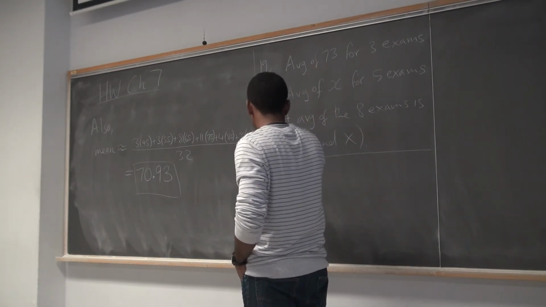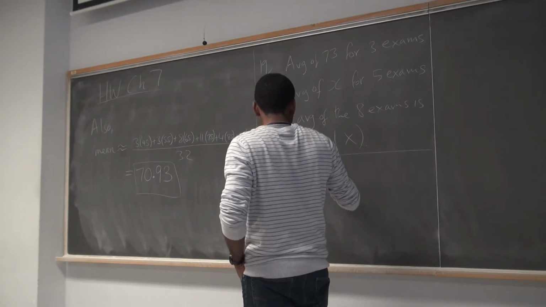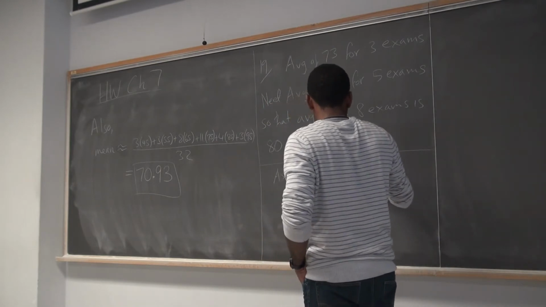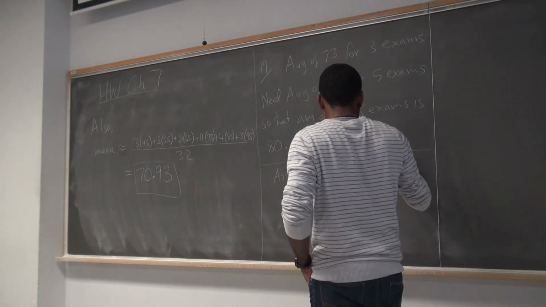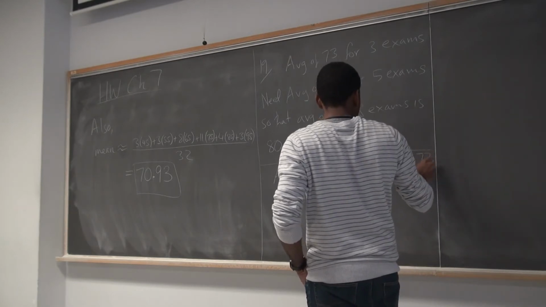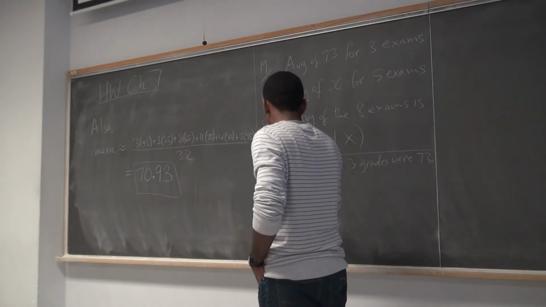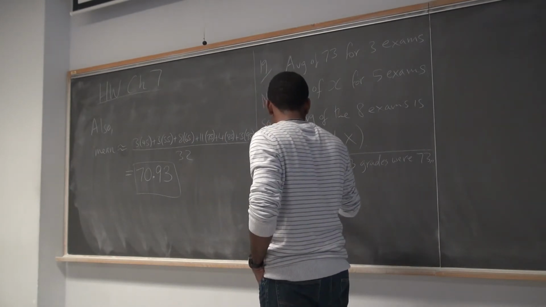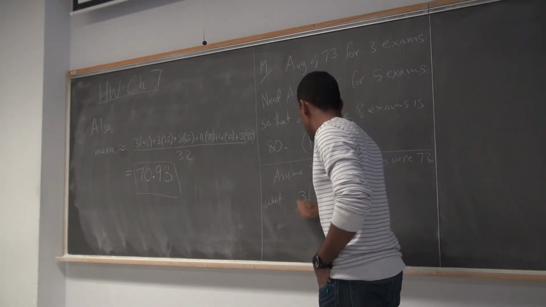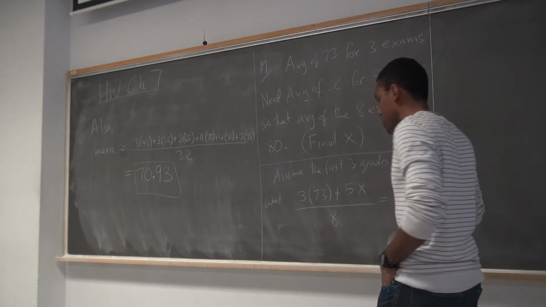So assume the first 3 grades were 73. So basically what you want is 3 times the 73, plus 5 times whatever average grade here, divided by 8, which should give you the average of 80.